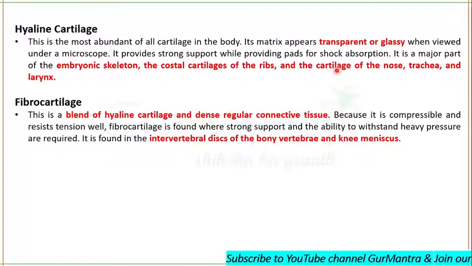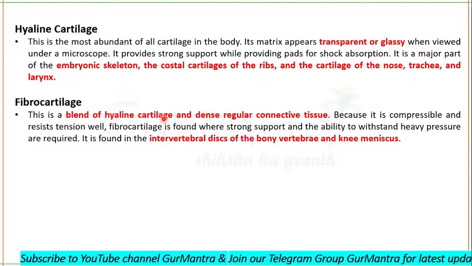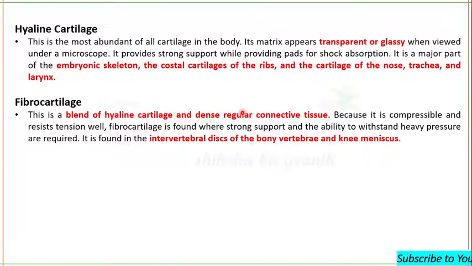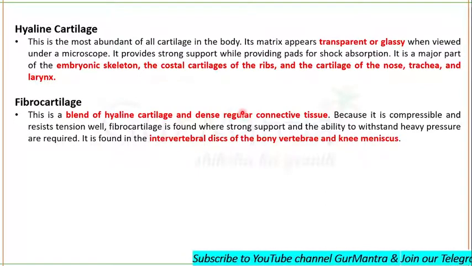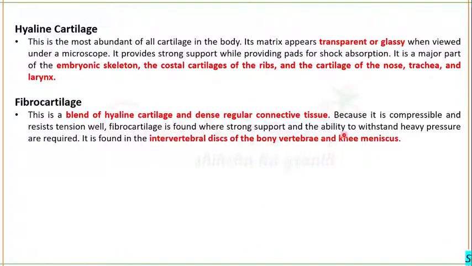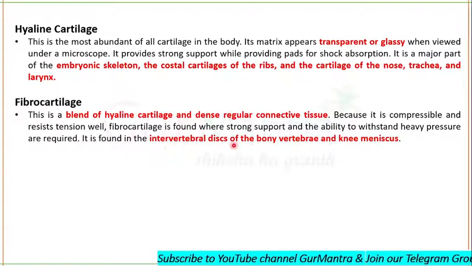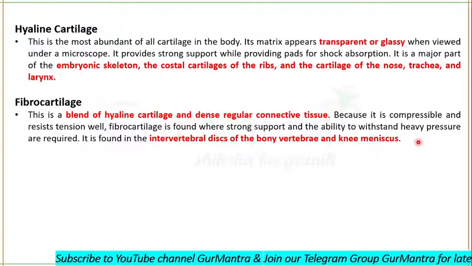Then fibrocartilage. It is a blend of hyaline cartilage and dense regular connective tissue. It is compressible but resists tension. Fibrocartilage is found where strong support and the ability to withstand heavy pressure are required. It is mainly found in the intervertebral discs of the vertebrae and the knee meniscus.